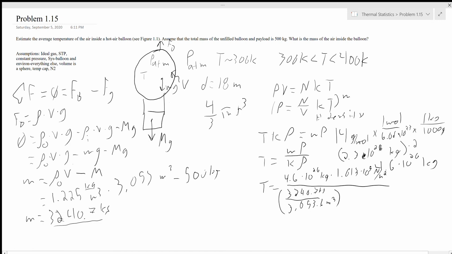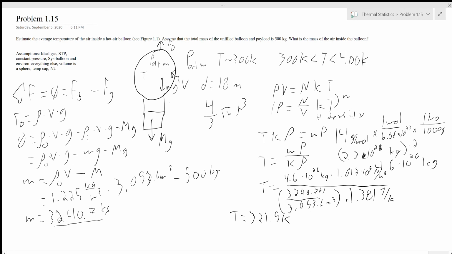Sorry if you couldn't see that over here. My pen doesn't pick up things sometimes. Times 1.381 joules per Kelvin. Now, doing the calculation for this gives me a temperature of about 321.5 Kelvin, which fits perfectly in my range.